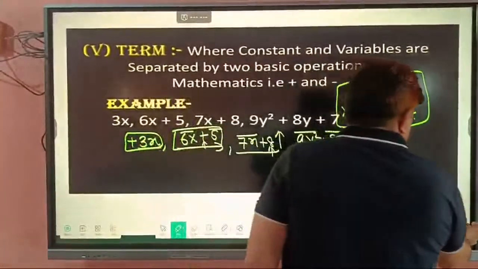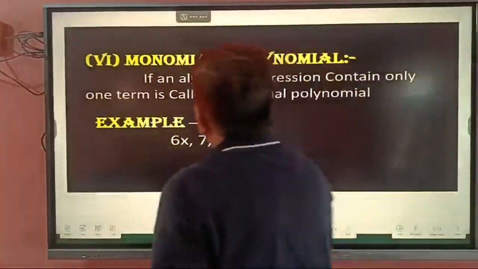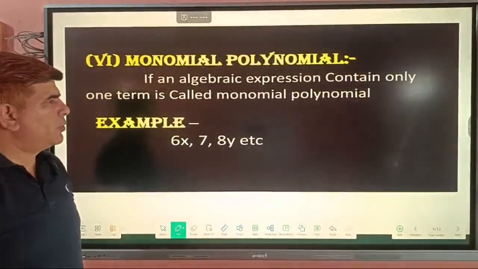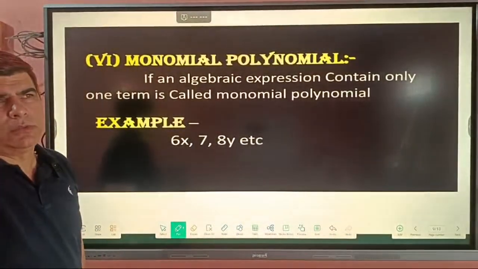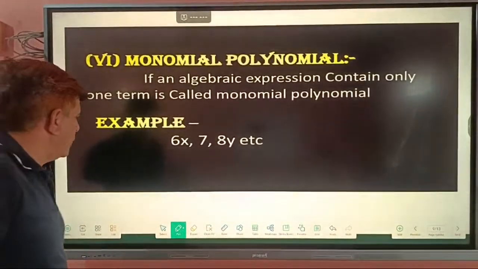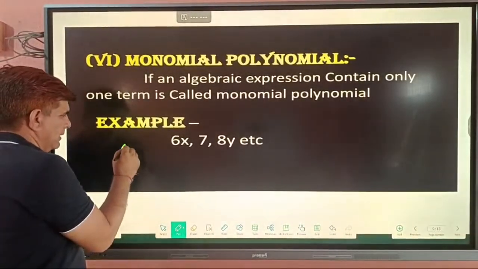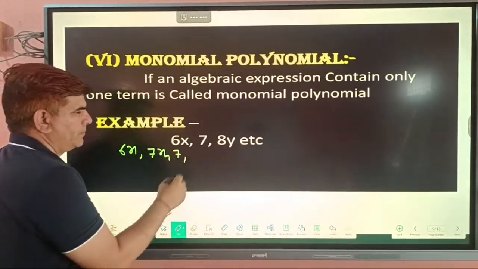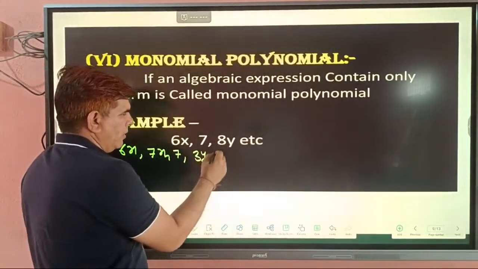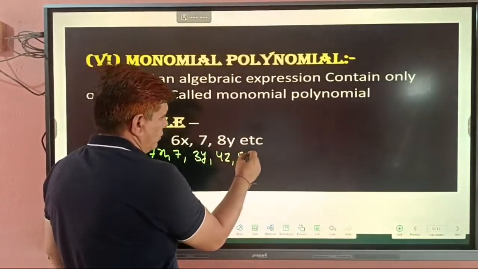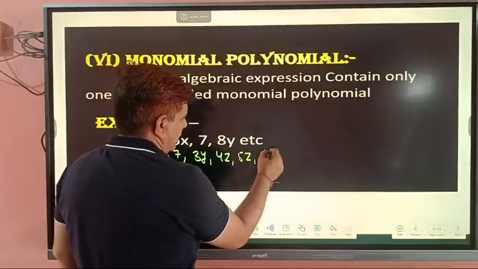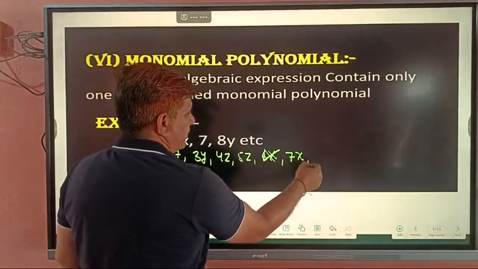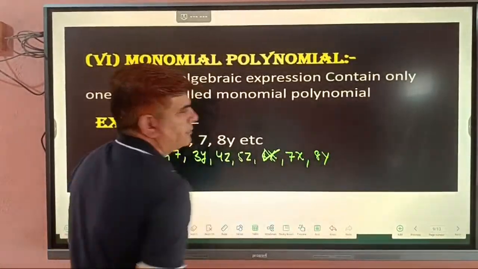So next, monomial and polynomials. Before this, I want to tell you: one term 6x, 7x, 7, 3y, 4z, 5z, 6x, 7x, 8y.